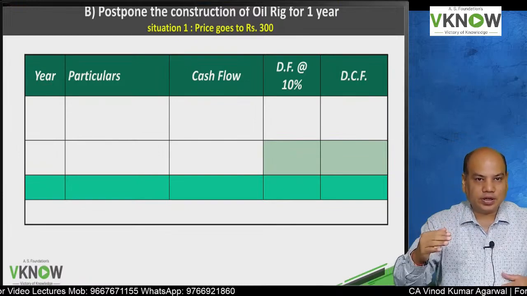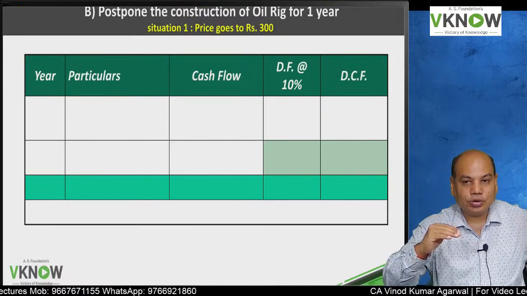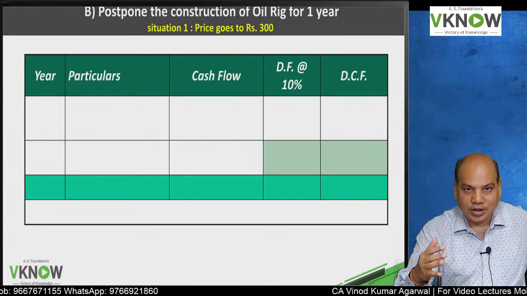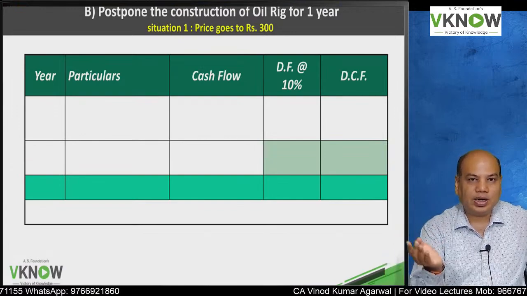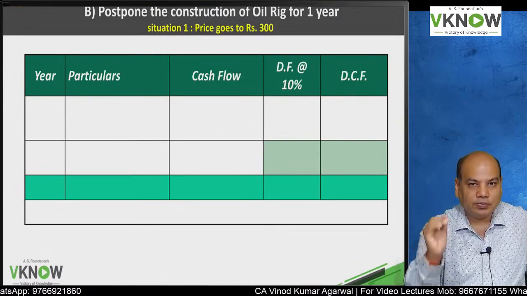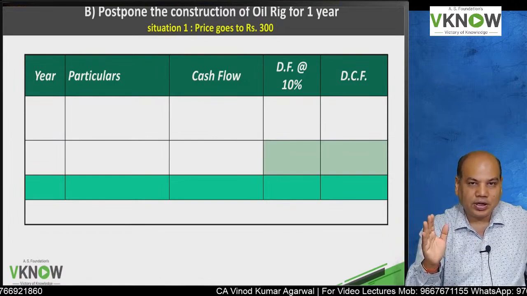Because after 1 year, I will get to know whether the price is 300 or whether the price is 100. That is the advantage of waiting. If it is 300, what is my NPV?